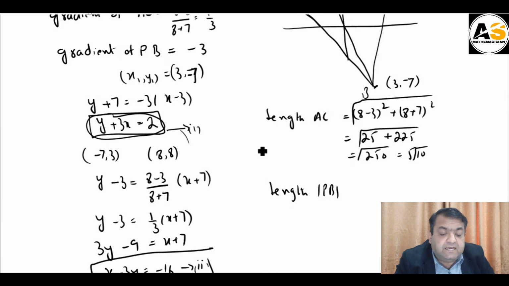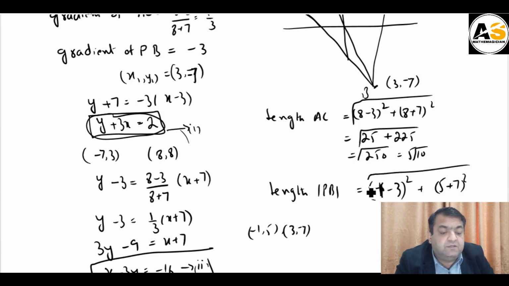The length will be the square root of (3 minus minus 1) square plus (-7 minus 5) square. This will be the square root of 16 plus 144, square root of 160. This will be 4 root 10. I hope this is clear. So this was a good question.